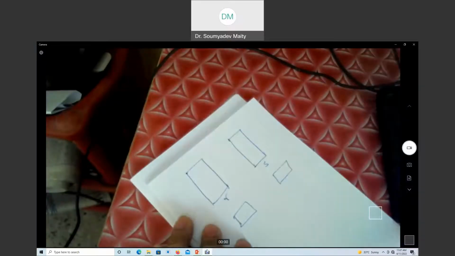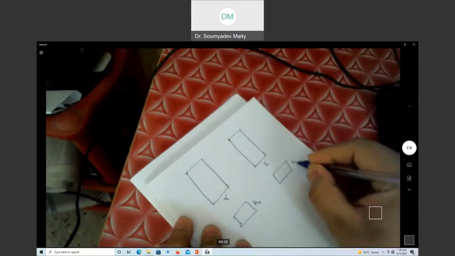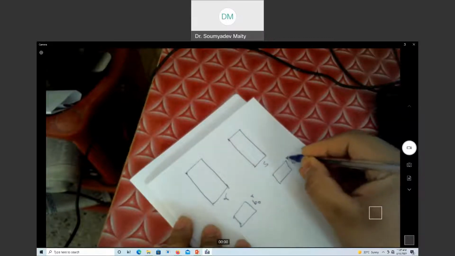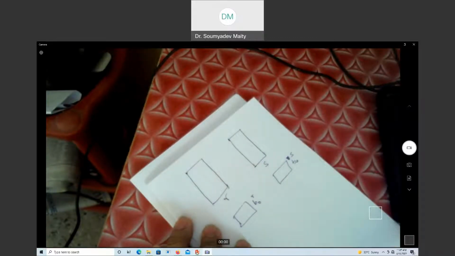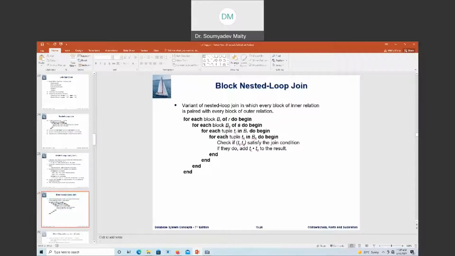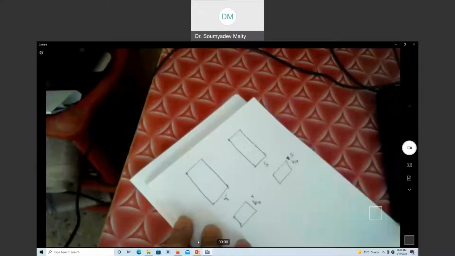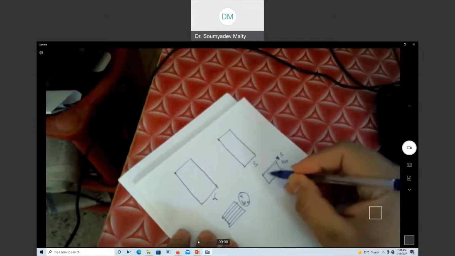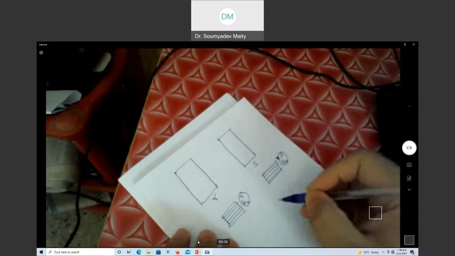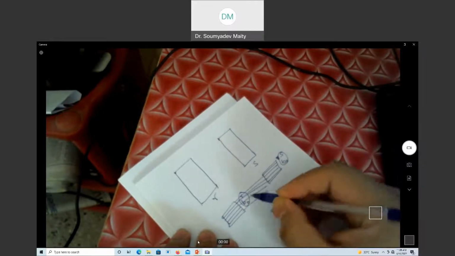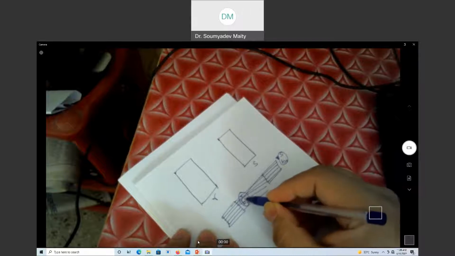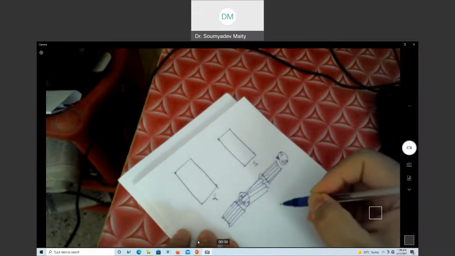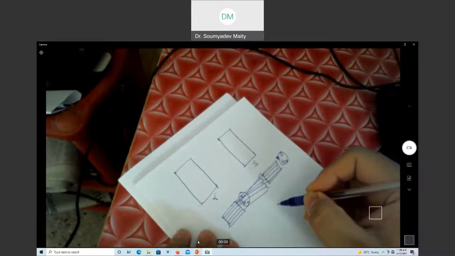So you pick the first block of R and the first block of S in the available memory, and then you compare each tuple of the first relation with each tuple of the second relation in the blocks that have been brought into the main memory.